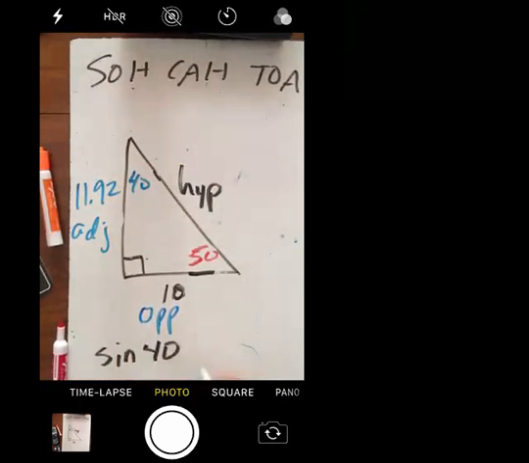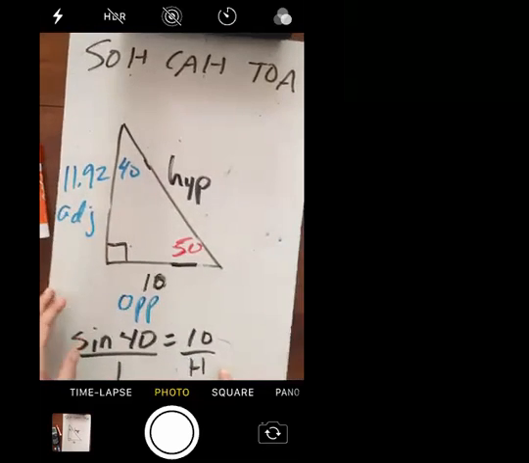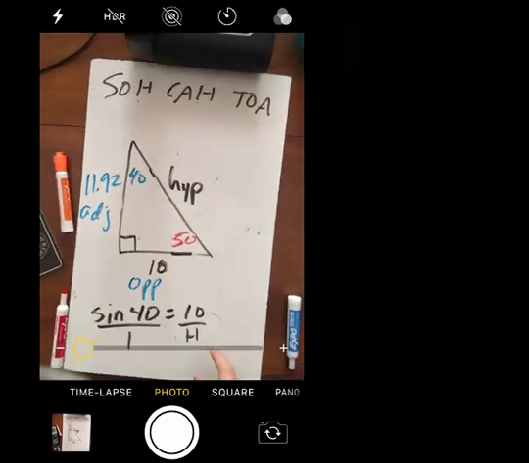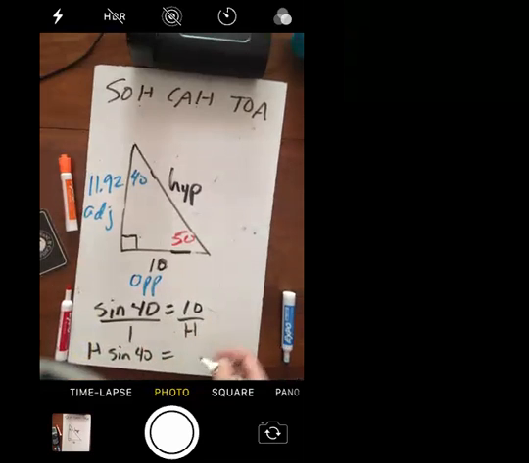So the sine of 40 degrees equals opposite over hypotenuse, where I know that the opposite is 10. Again, my unknown is in the denominator, so I'm going to cross multiply. And I'll get h times the sine of 40 equals 1 times 10 is 10.